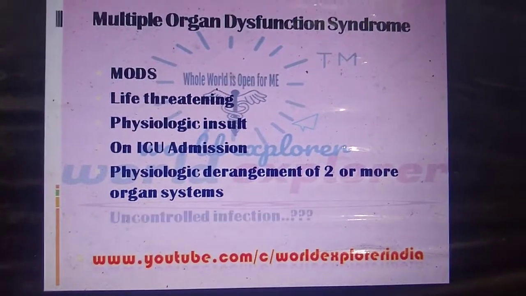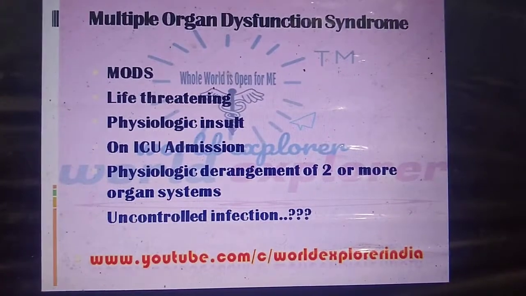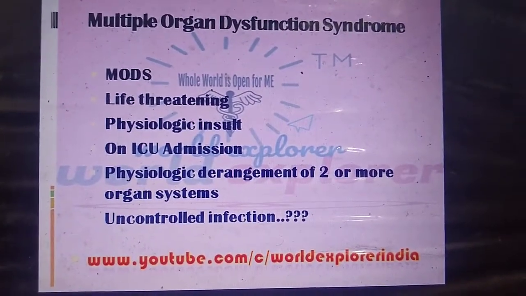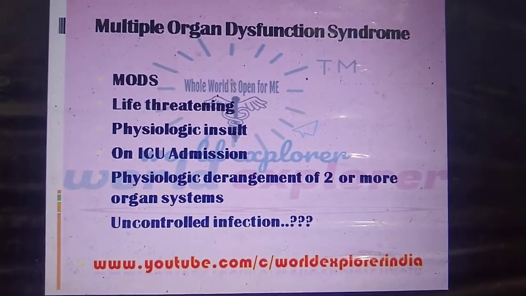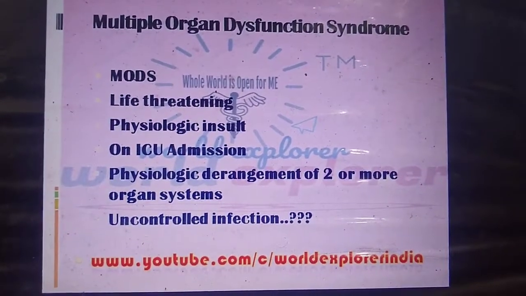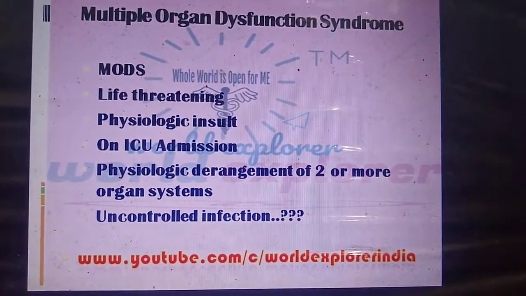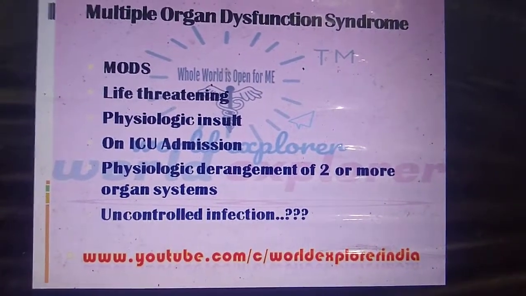That means if a patient is admitted and we see a physiological derangement, a failure of systems, then it is called multiple organ dysfunction syndrome. This may be attributed to uncontrollable infection in the ICU.